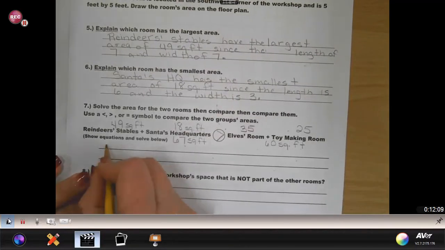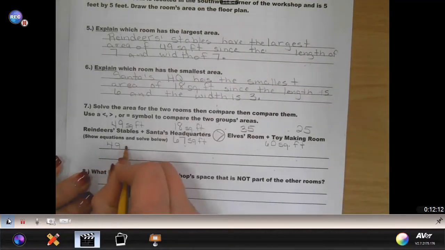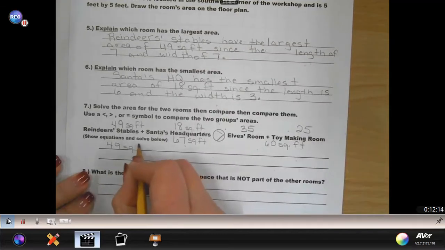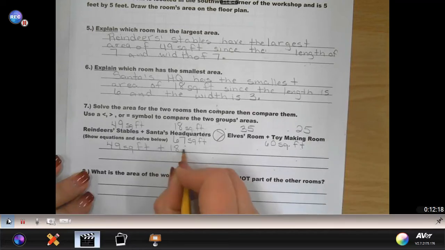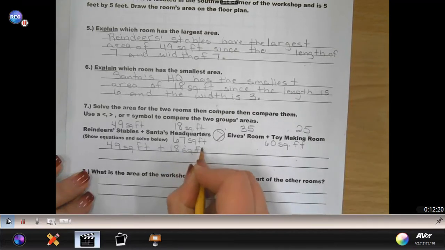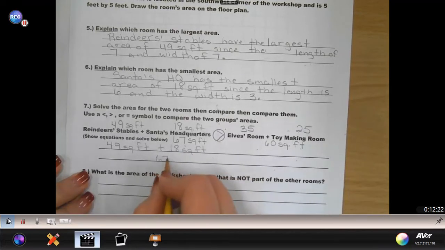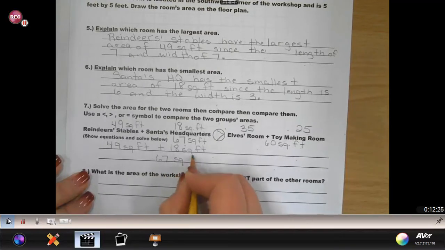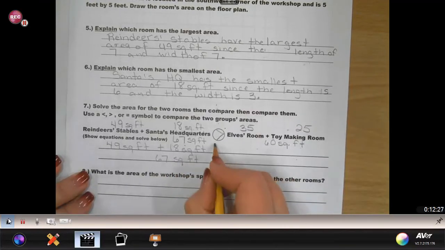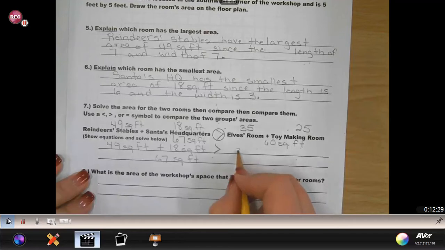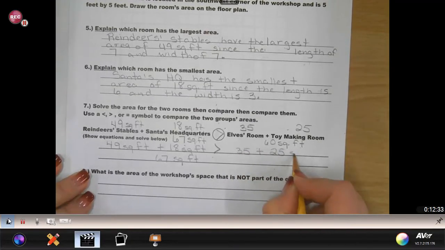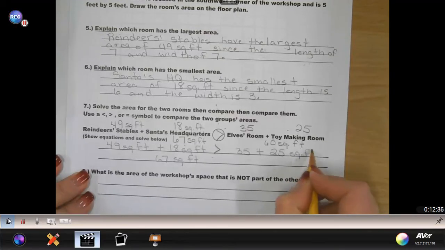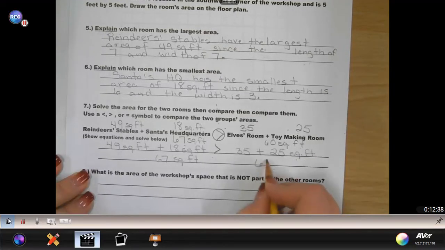So we can write our equations now. 49 square feet plus 18 square feet is 67 square feet. And that is greater than 35 plus 25 square feet. And together those make 60 square feet.